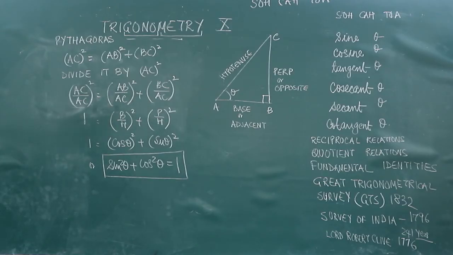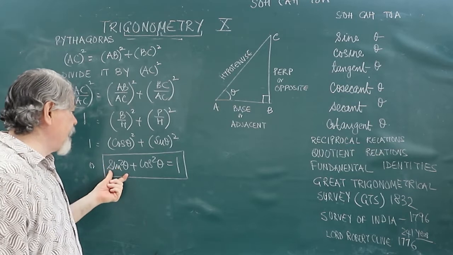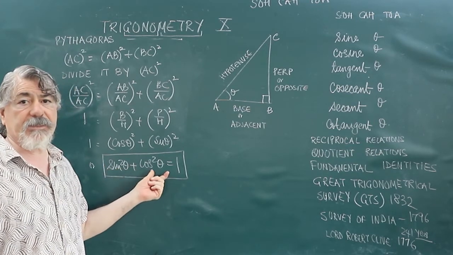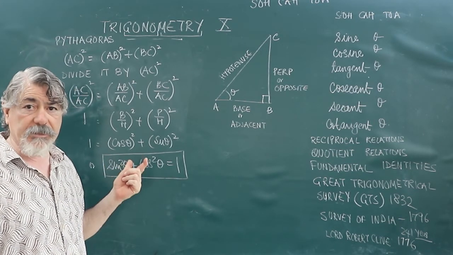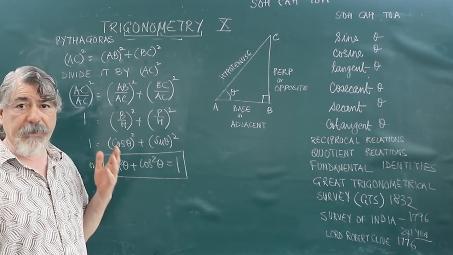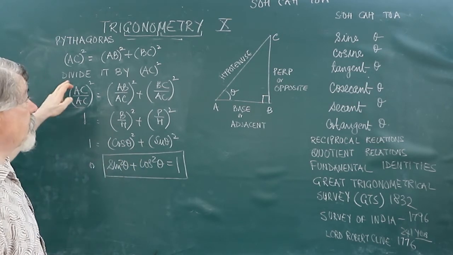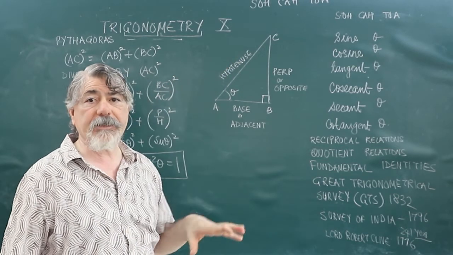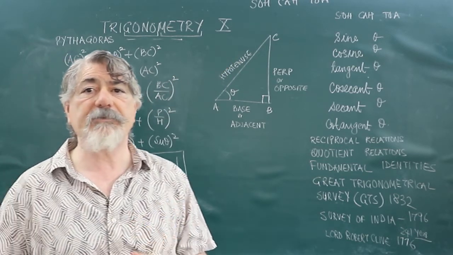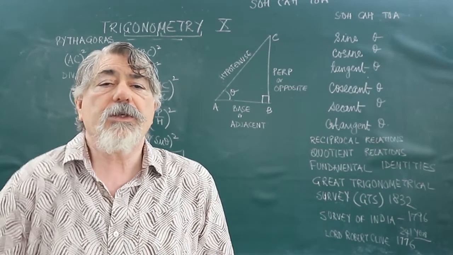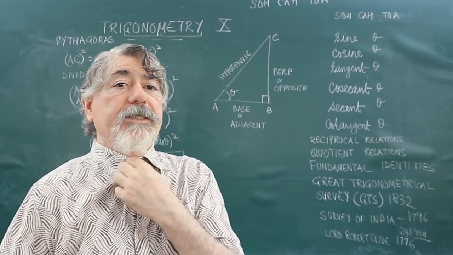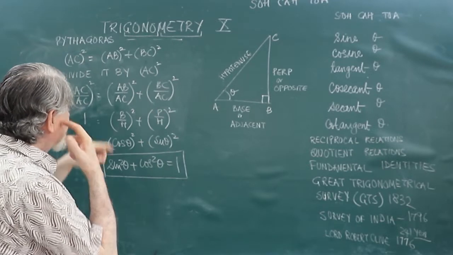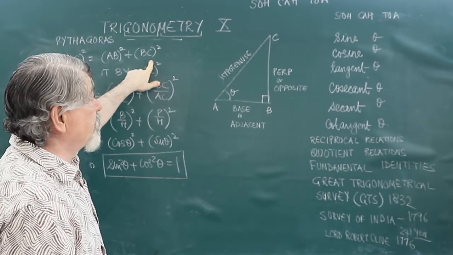So we did arrive at sin square theta plus cos square theta is equal to 1. What did we do? We wrote Pythagoras Theorem: in a right angle triangle, the square described on the hypotenuse is equal to the sum of the squares described on the remaining two sides, AB square plus BC square.